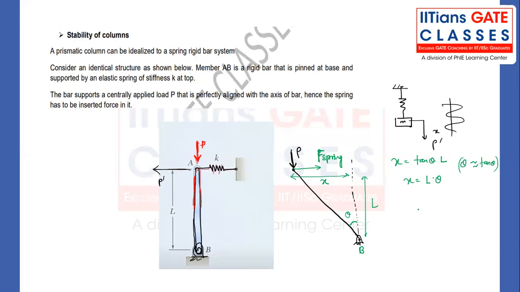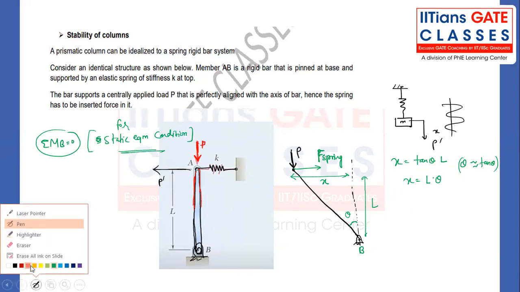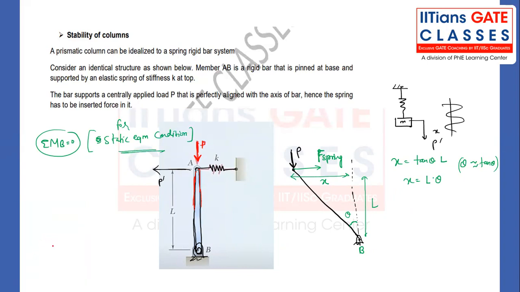So if I take the summation of moment about point B equal to 0, that means we are discussing the neutral position, the static equilibrium condition. In static equilibrium, the summation of moment about any pin point is 0, right?